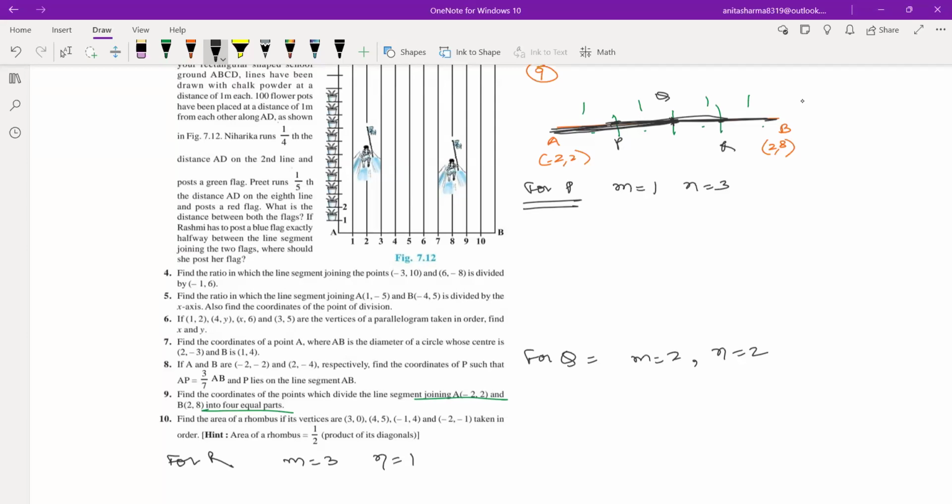Ma'am, for P, the values are minus 1 and 7/2. Okay. Ma'am, I also got the same.